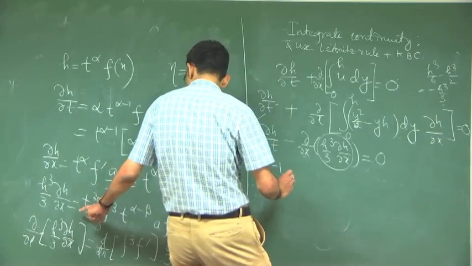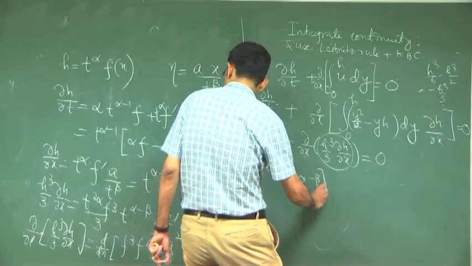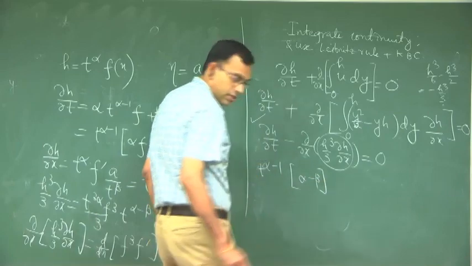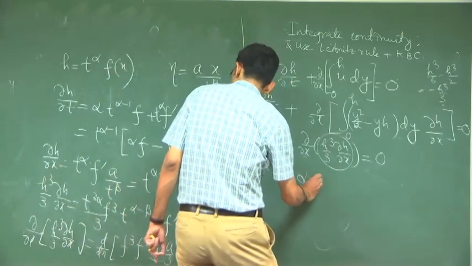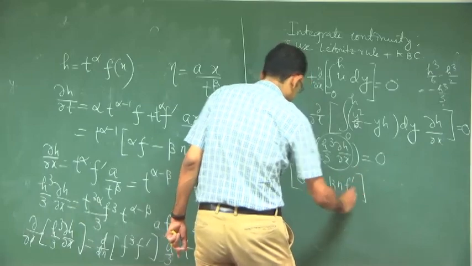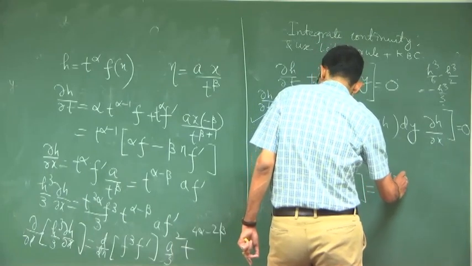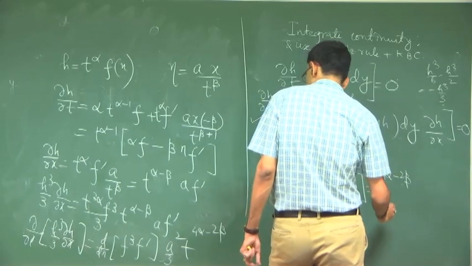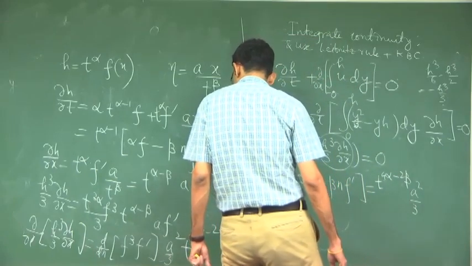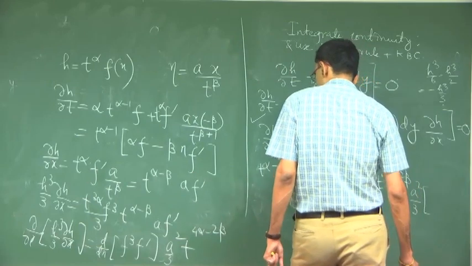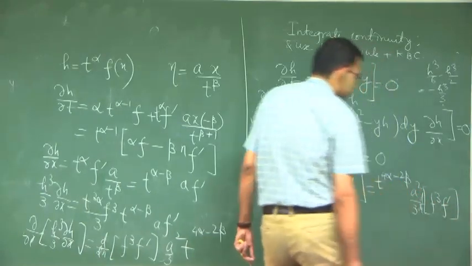So, t to the power alpha minus 1, alpha f minus beta eta f dash, right, is equal to t to the power 4 alpha minus 2 beta into a square by 3 into d d eta of f cube f dash, right.